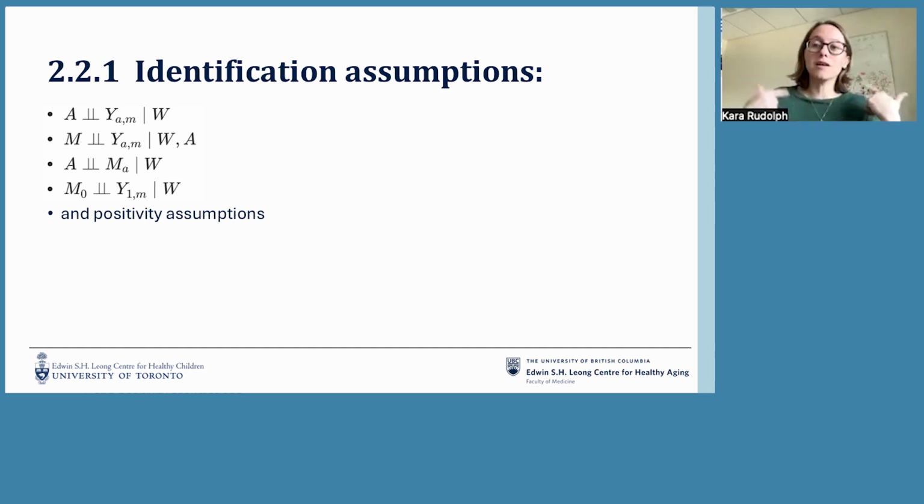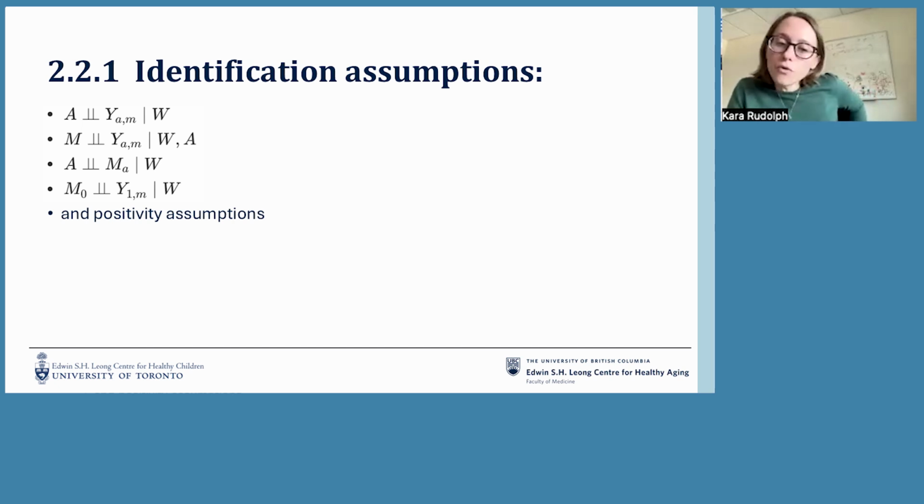The third bullet is another no unobserved confounding assumption, but now it's no unobserved confounding of the treatment mediator relationship. That's one additional one, different from last time. That one may not actually be that much harder to satisfy, right? Because if we don't have unobserved confounding of the treatment outcome relationship, maybe it's also pretty likely that we don't have unobserved confounding of the treatment mediator relationship.